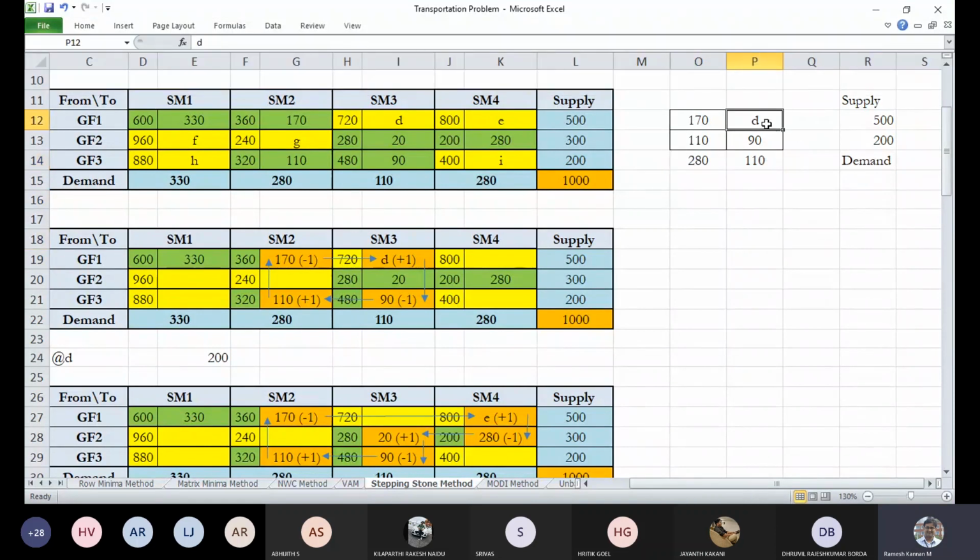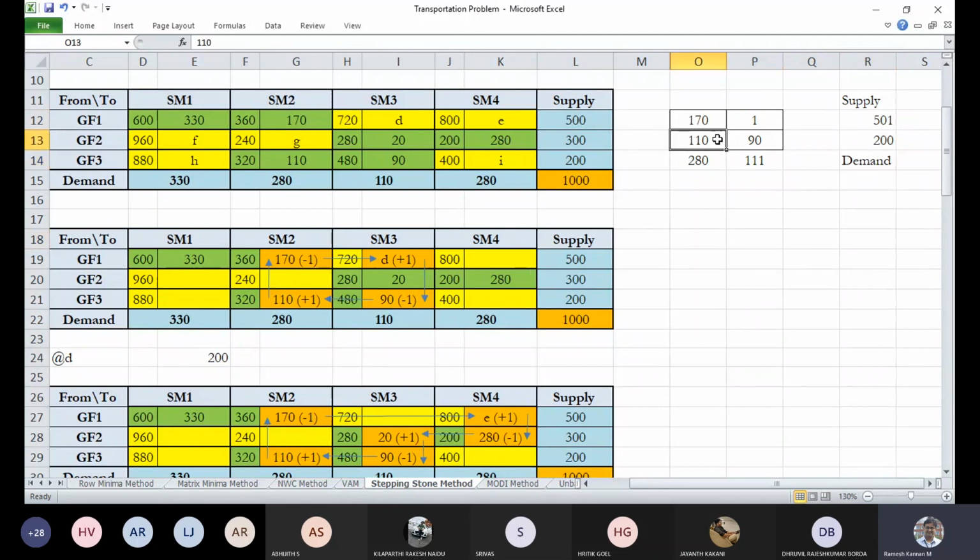We have not done anything yet. Say if I want to increase 1 unit, this will become 501, right? So that's an increase in supply. Then this also increases by 1 unit. Because of this, this gets increased and this gets increased, but this doesn't make any difference, and this also does not make any difference, right?